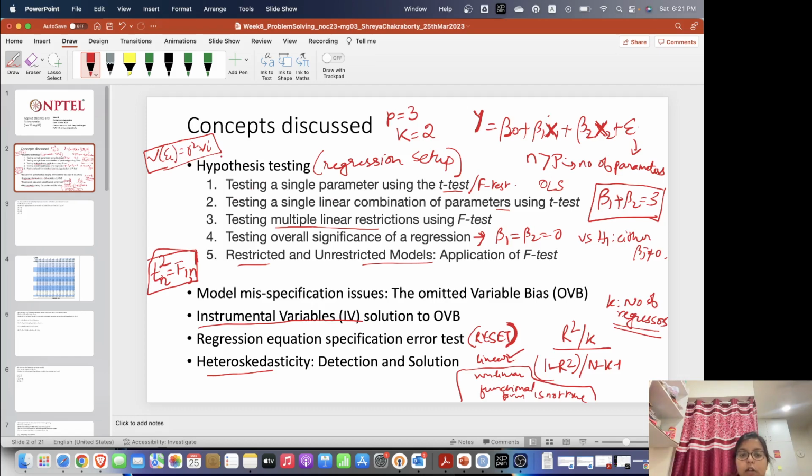So, in order to detect and tackle this, we learnt about White's test, which would detect the presence of heteroscedasticity, and some solutions like using the weighted least squares formula or some other correction which would give us the heteroscedasticity-adjusted variance. Those kinds of calculations we also saw in this week's lectures.